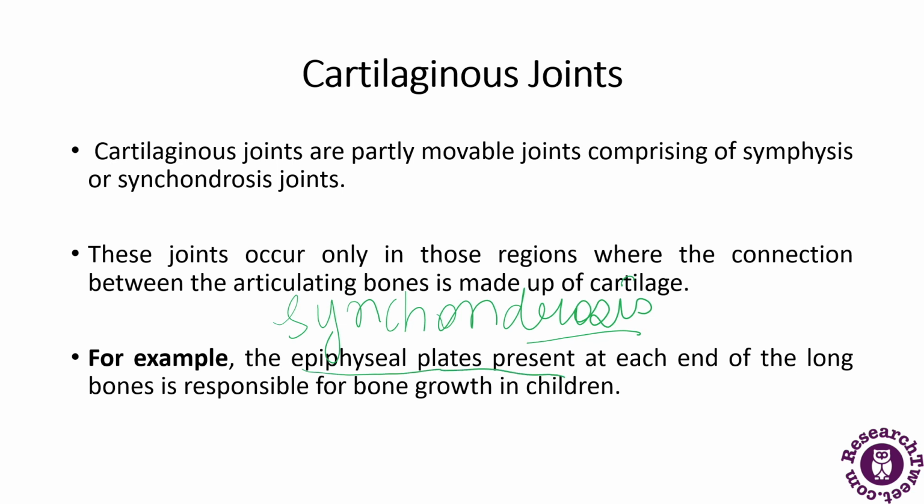Epiphyseal plates that are present at each end of the long bone are responsible for bone growth in children. Examples also include the pubic symphysis, and other cartilaginous types of joints include the spinal column and the rib cage.